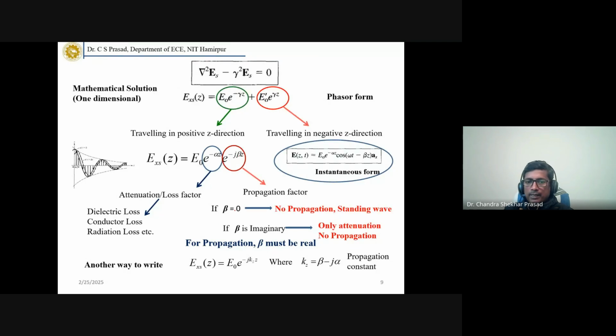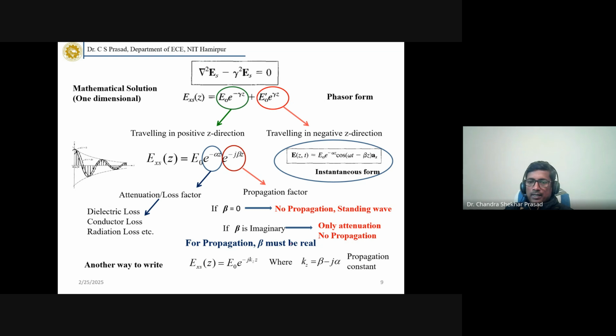I have written here, if beta is 0, there is no propagation, and that will represent a standing wave. Now, if beta is imaginary, this part is imaginary, and here we have j. So basically this will again represent some attenuation, so only attenuation, no propagation. So the catch here is, for propagation, beta must be real so that we can have a propagating wave.